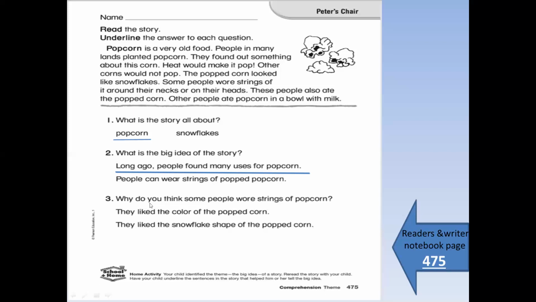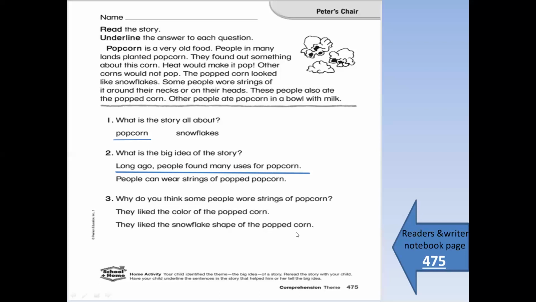The last one. Why do you think some people wore strings of popcorn? Let's see. Some people wore strings of it around their necks or on their heads. These people also ate popcorn. Other people ate popcorn in a bowl with milk. They liked the color of the popcorn, or they liked the snowflake shape of the popcorn?